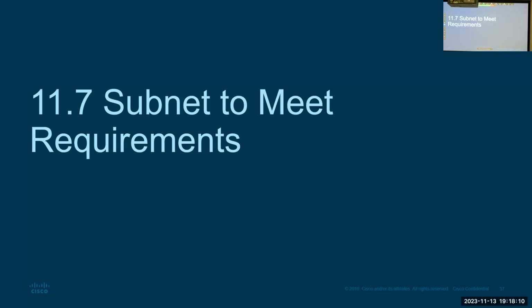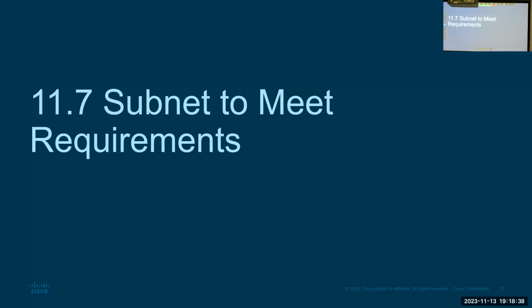Really, the easiest way to go about that, if that's all the problem is, and you're not asked to do anything besides coming up with a new prefix and subnet mask, is to say, how many bits do I need? If you're subnetting for the number of subnets, how many additional bits do I add to the subnet mask?